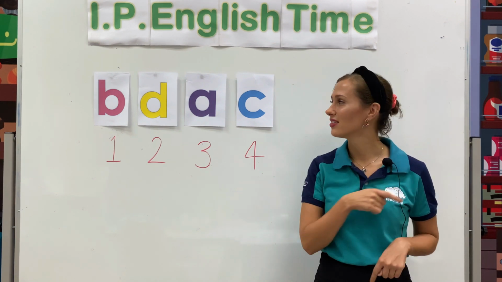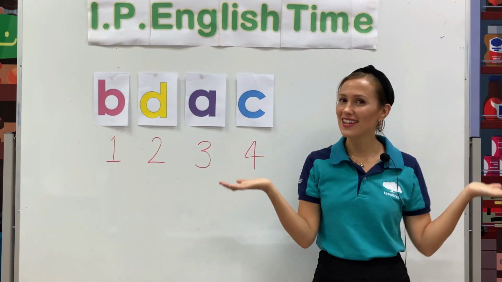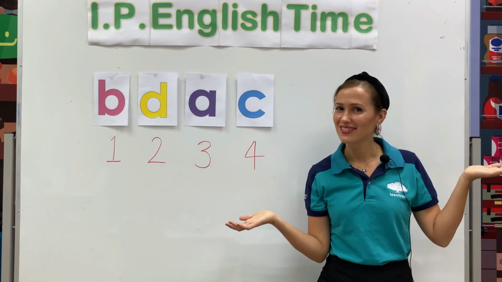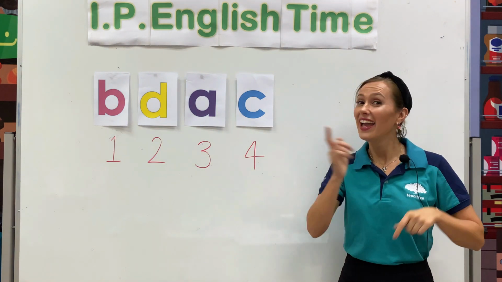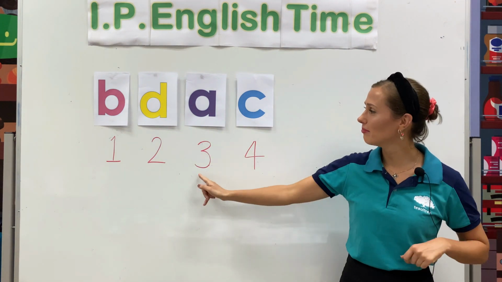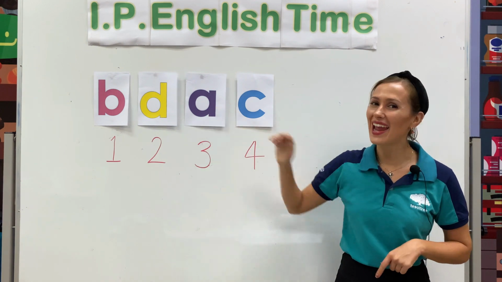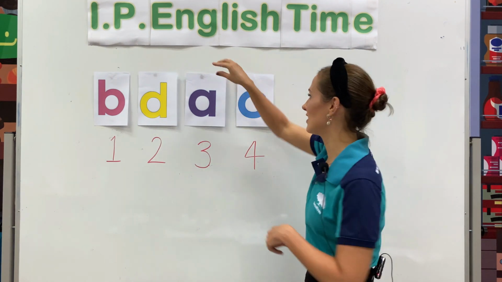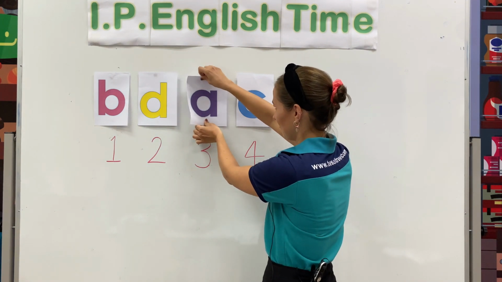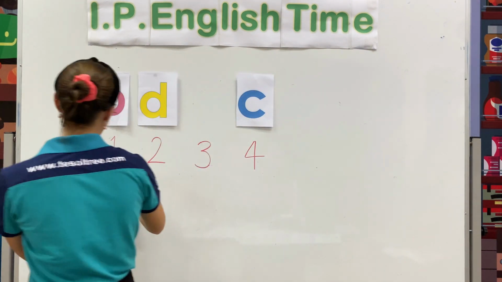Okay, let's start. What is the first letter? Yes, correct. Number 3. Letter A is the first letter of the alphabet. So let's put letter A right here.